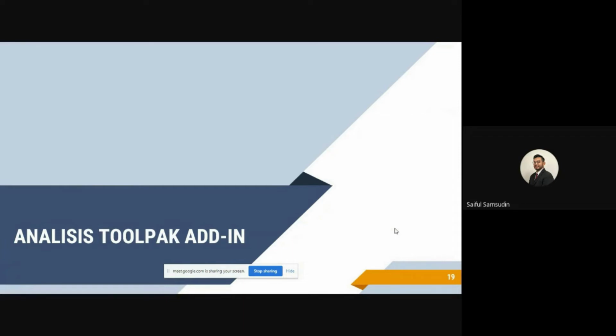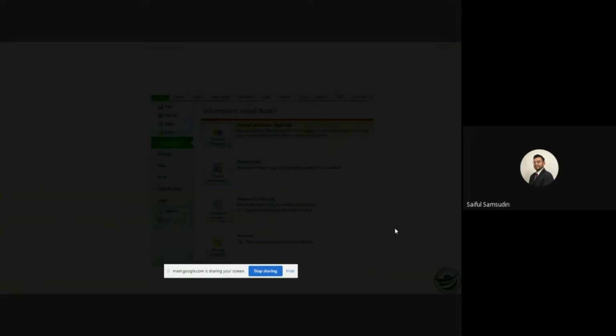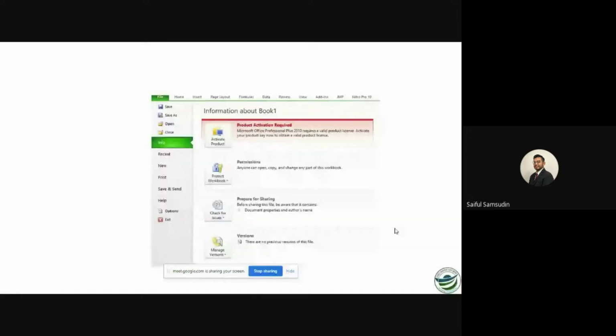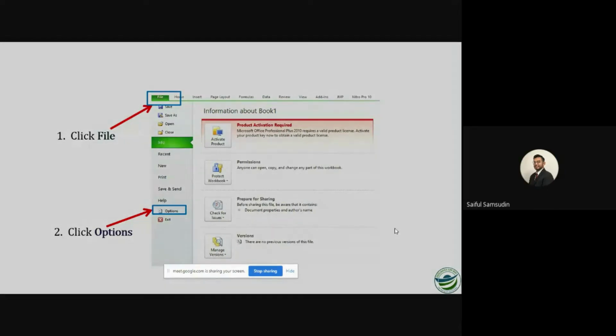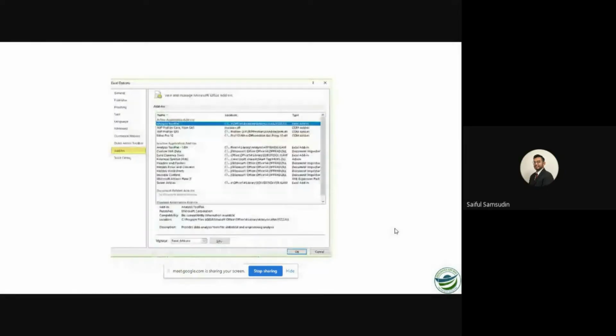So in Excel, you go to file, and then you click options. In options, you go to add-ins, and then you find the analysis toolpak.